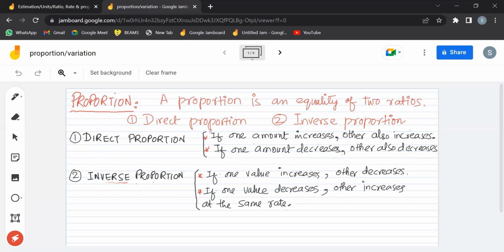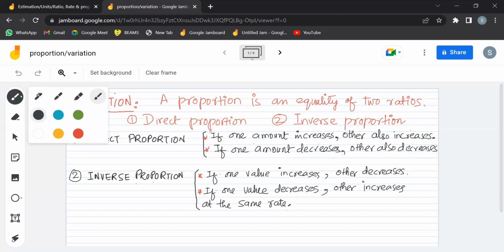And for the inverse proportion, if one value increases, the other decreases, and if one decreases, the other increases. So this is the difference between the direct proportion and the inverse proportion.